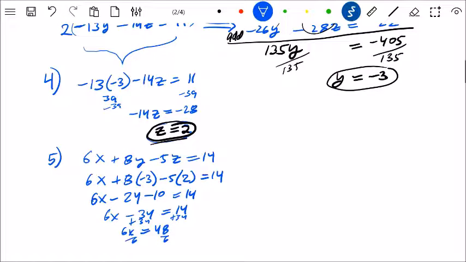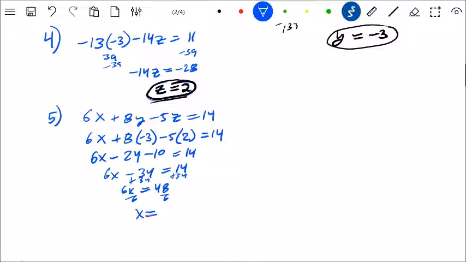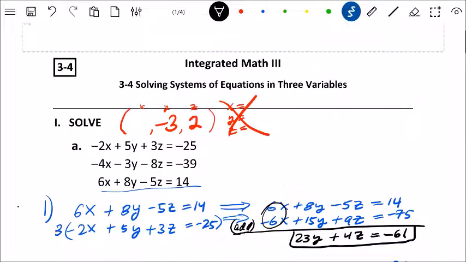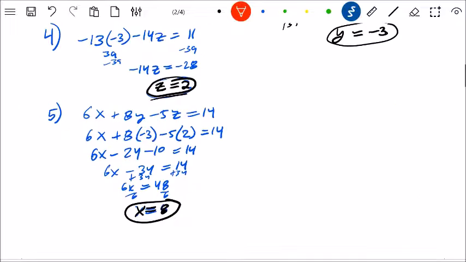Let's divide by 6, and we get that x is equal to 8. So now we come back up here, and we would put the 8 in here. And I'm also going to do it down here where I have all of them anyway, the 8, the negative 3, and the 2.